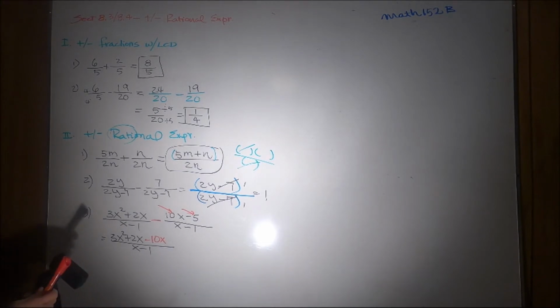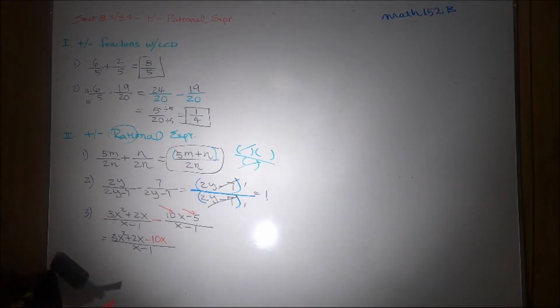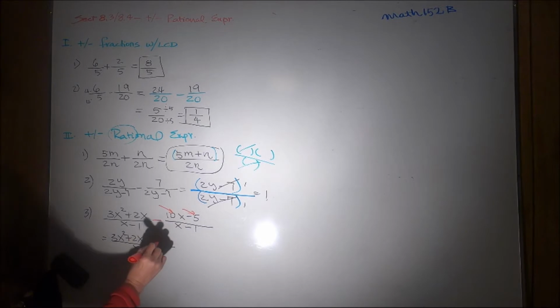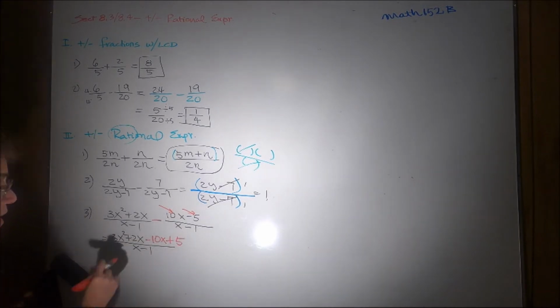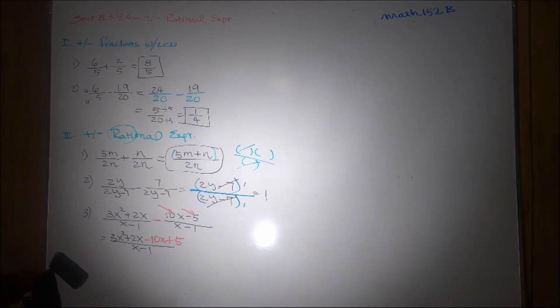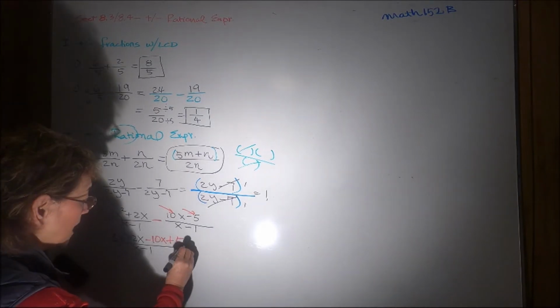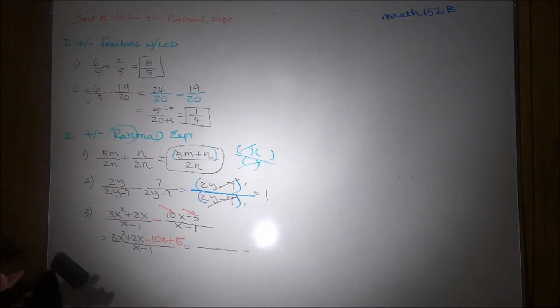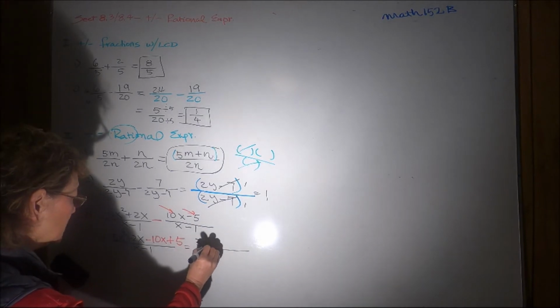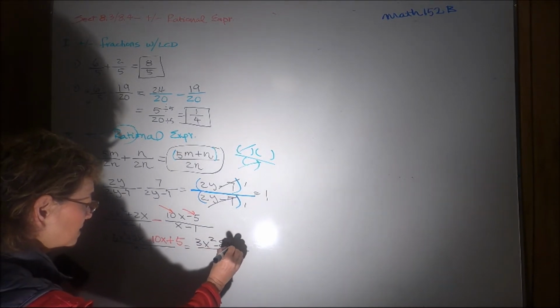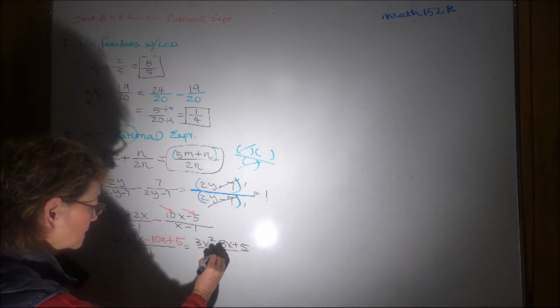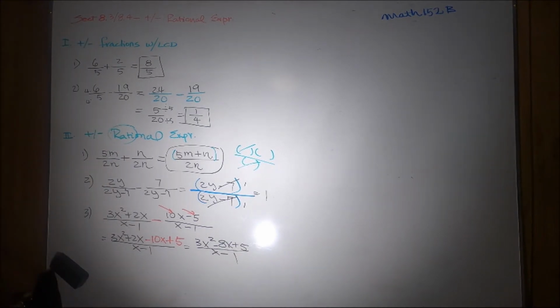But you make a mistake on the second one because it's minus negative 5. Change the sign, it becomes plus 5, right? That's another mistake you might have. After that, you are fine. Combine the like terms: 3x squared minus 8x plus 5 over x minus 1, right?